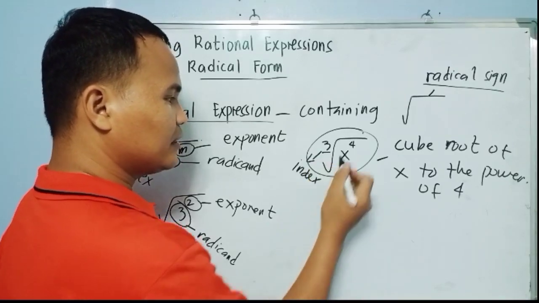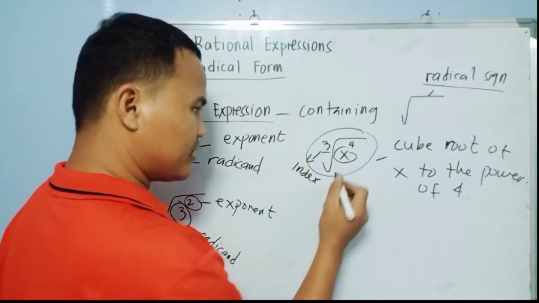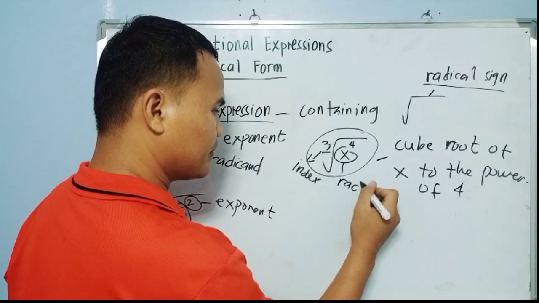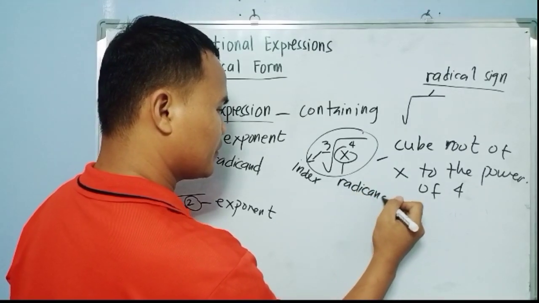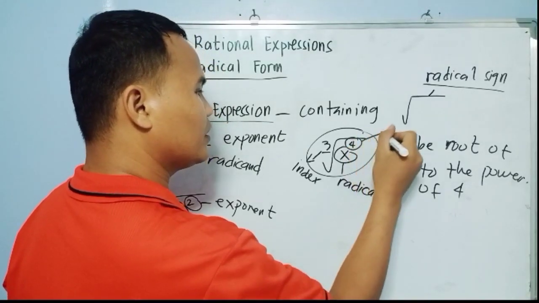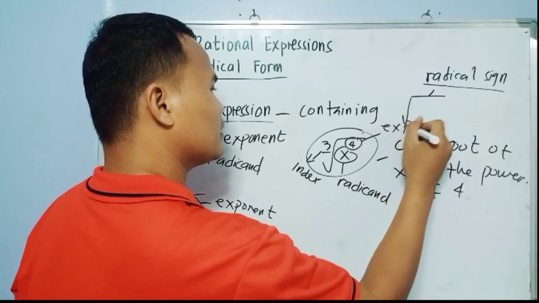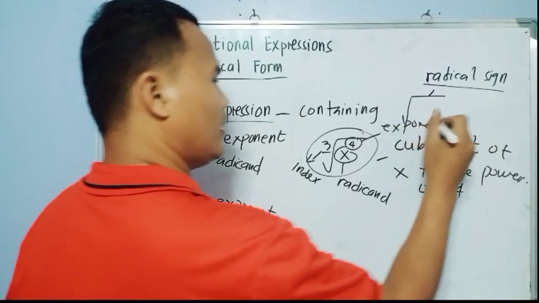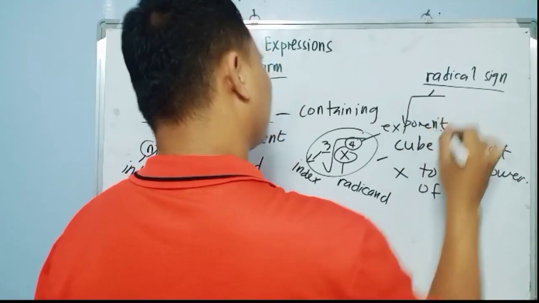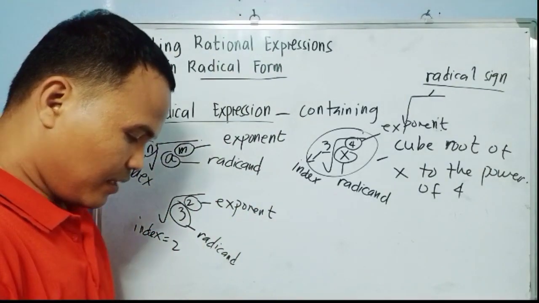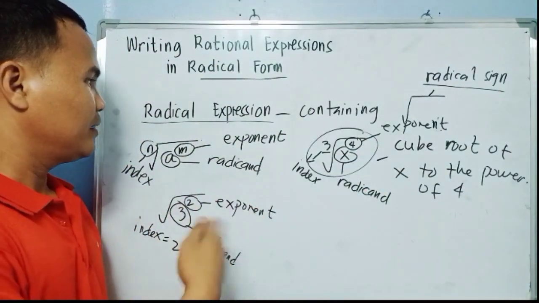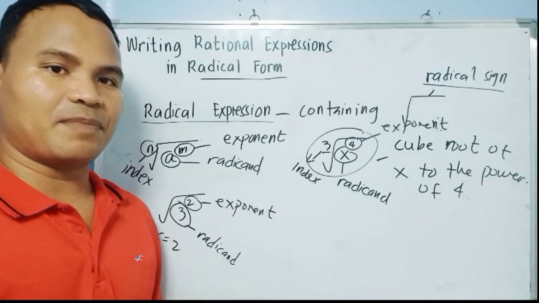X is called the radicand. And 4 is called exponent. Okay, that is all about what is a radical expression.